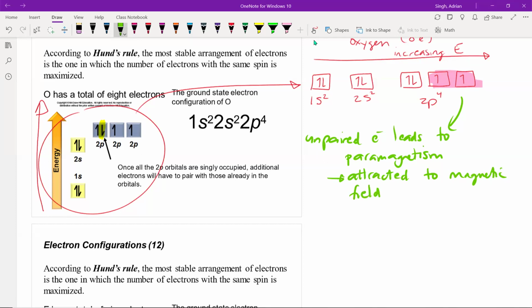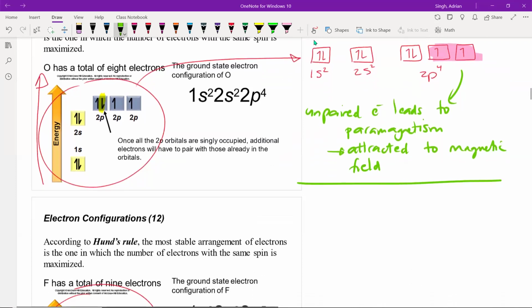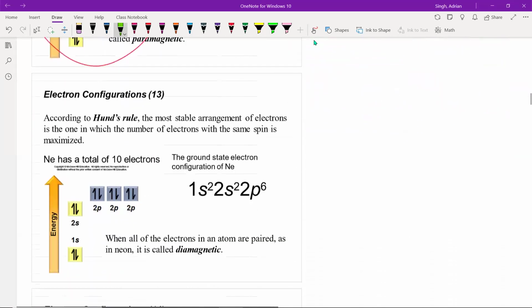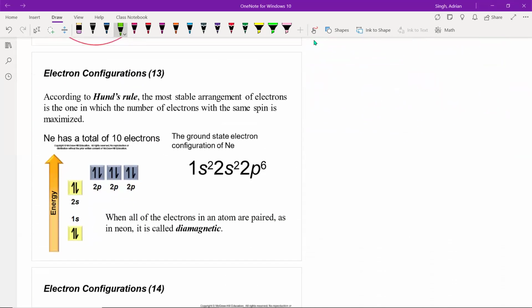That's in contrast to a substance that is not attracted to a magnetic field, which would be one where all of the electrons are paired, and we call that diamagnetic. So where all of the electrons are paired up, we have diamagnetism.